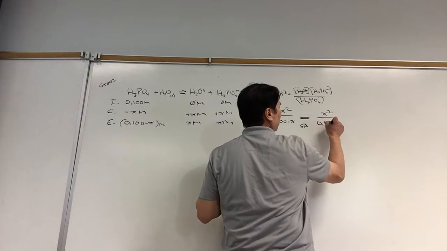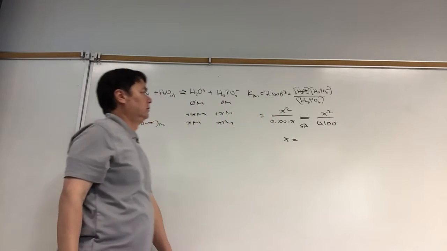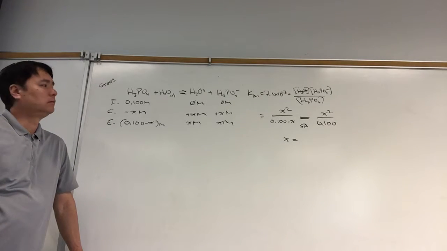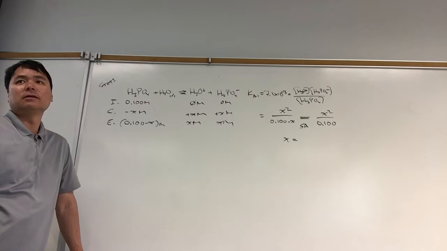So we'll do 0.100, which means that x is equal to the square root of 7.1 times 10 to the minus 2.